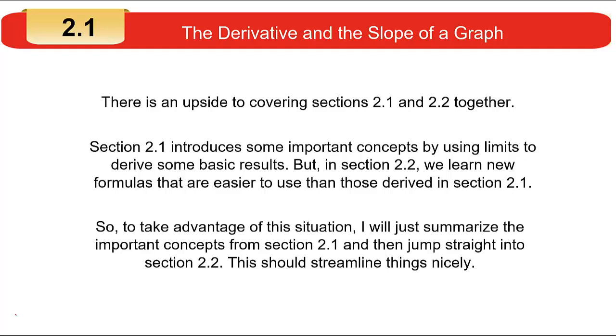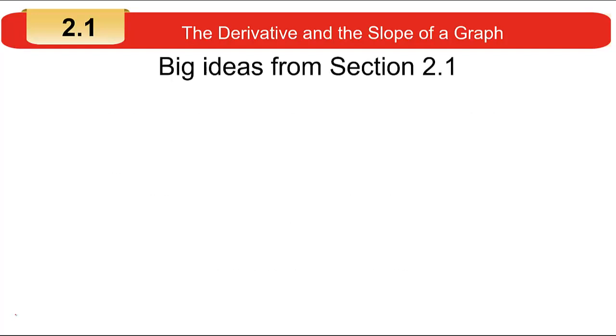So to take advantage of the fact that we will discuss them both at once, I'm just going to summarize the important concepts from the first section and then jump straight into the second section, and that should really help streamline things and allow us to focus on the important formulas that we'll actually be using when we work the problems that you'll need to be able to work.